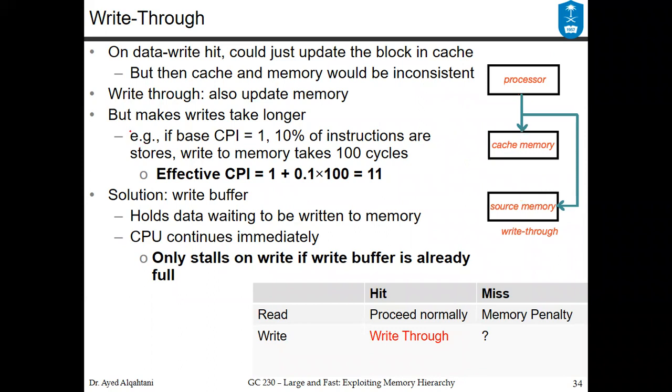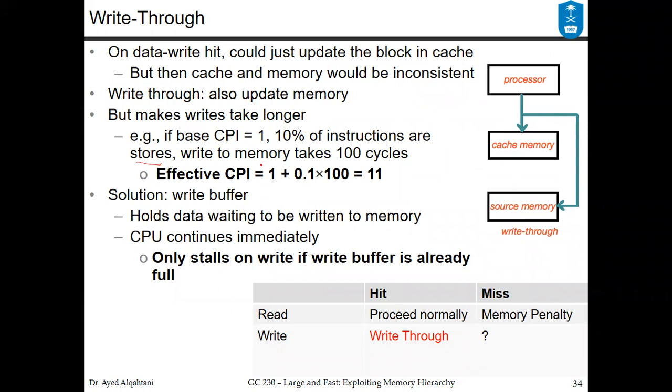Now, because of the write through, you are making the writes take a longer time because now you are writing in the cache and you are also writing in the source memory, the main memory, and we know that the main memory is slow. Here is a quick example. If the CPI is equal to 1, and only 10% of the instructions are stores, this means that you are writing into the cache.